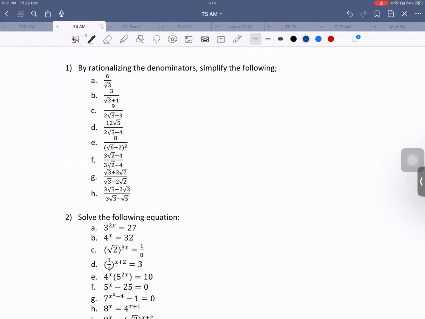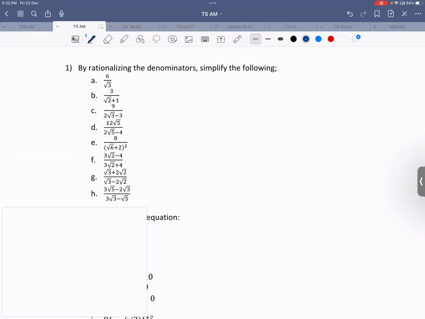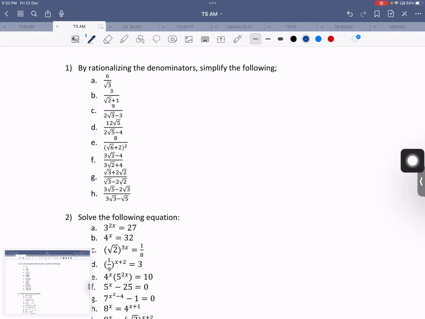Part A. Okay, how will I simplify part A in order to rationalize it?